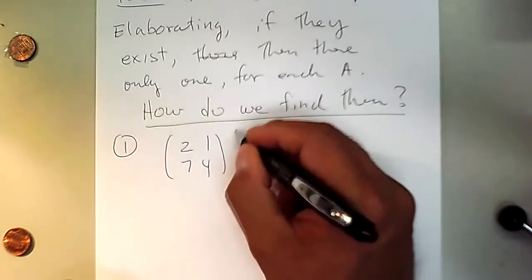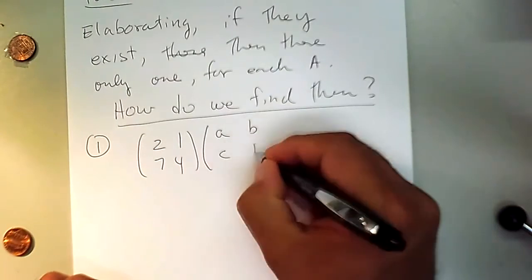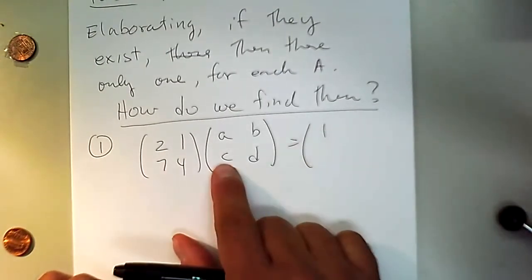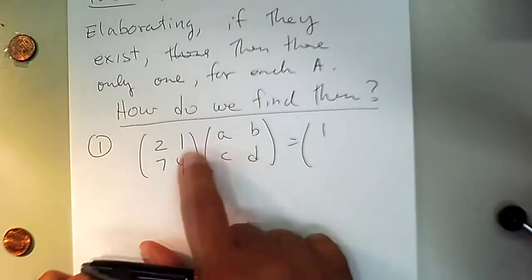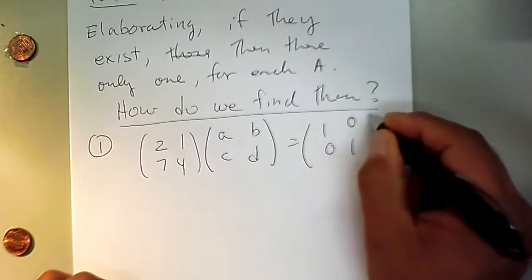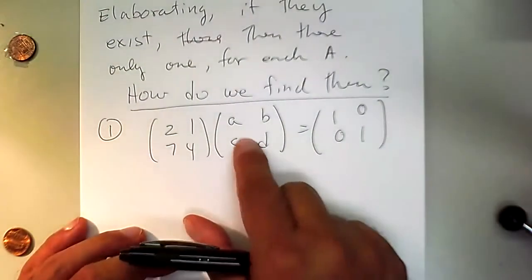All right, so let's pretend we don't know what it is: a, b, c, d. The goal is to figure out what this matrix is, so that when we multiply them together, we get the identity. We're going to end up with a system of equations.